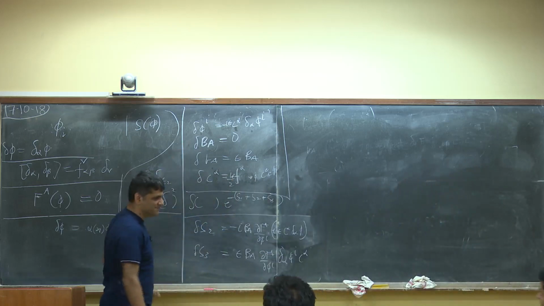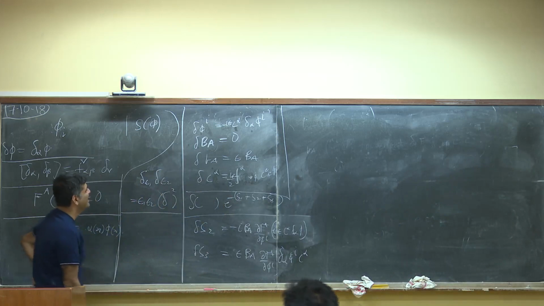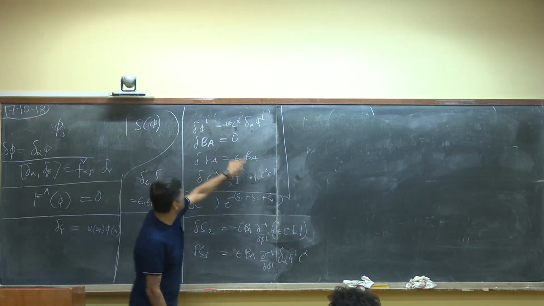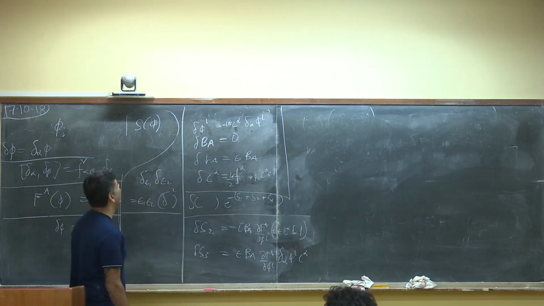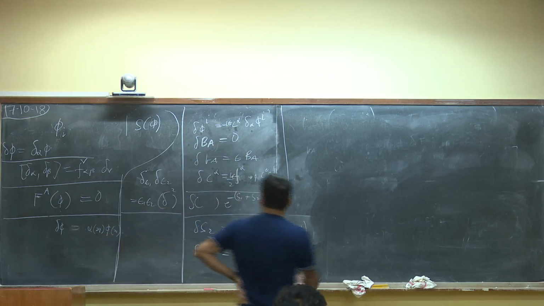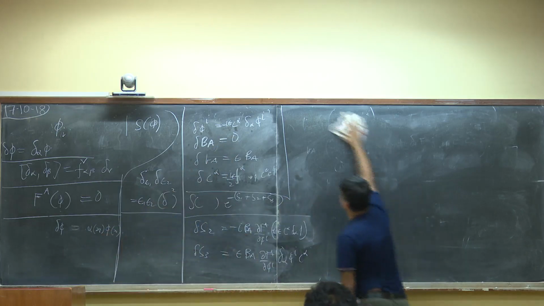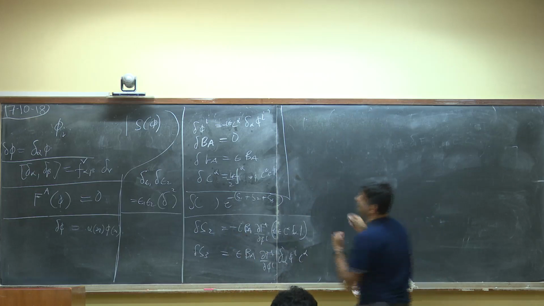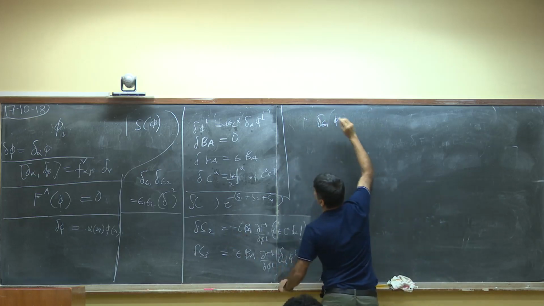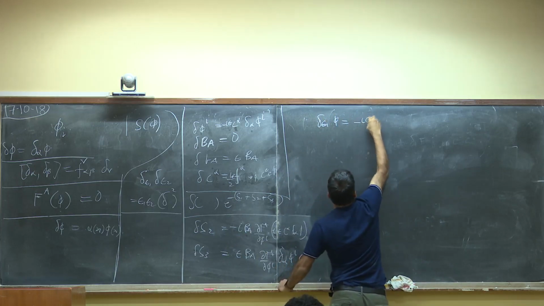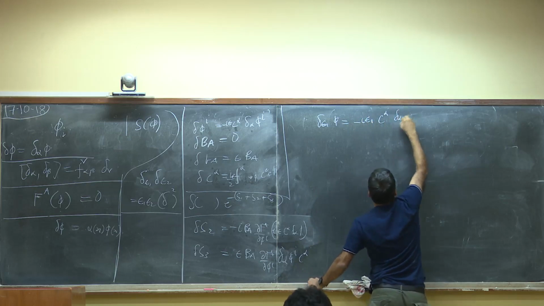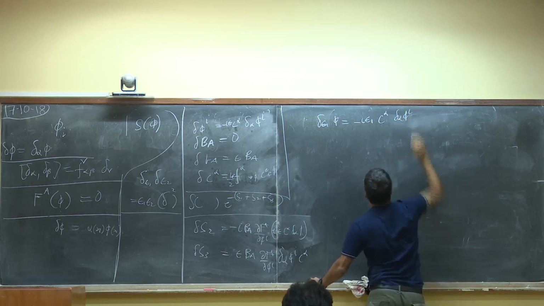This one's the easiest. This one's pretty easy, because you act on this and you get 0. Okay, what about this one? It's quite easy, so let's do one. The first, delta epsilon 1 on phi, was equal to minus i epsilon 1 C alpha delta alpha phi i.